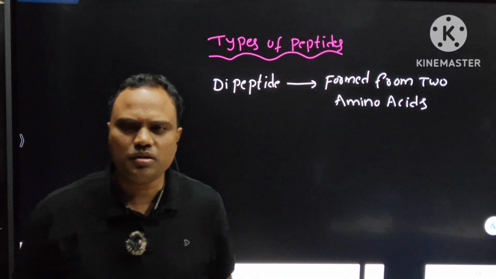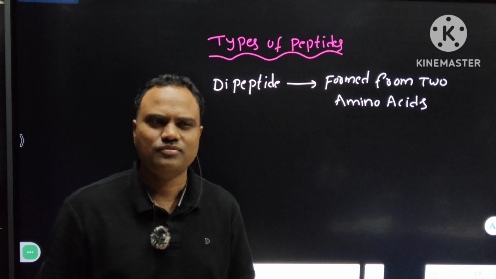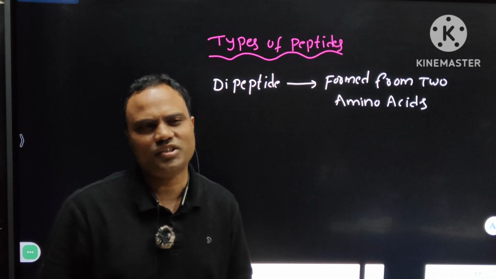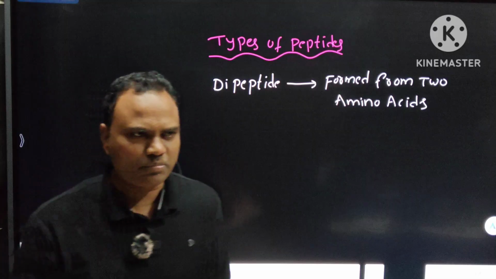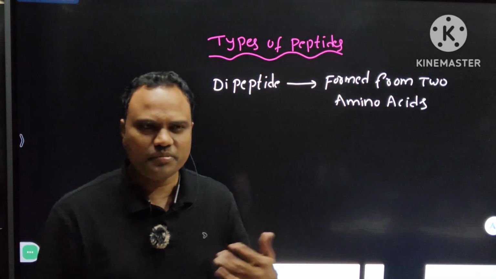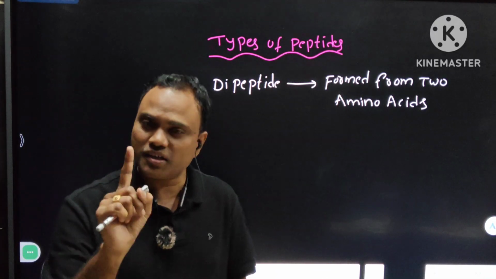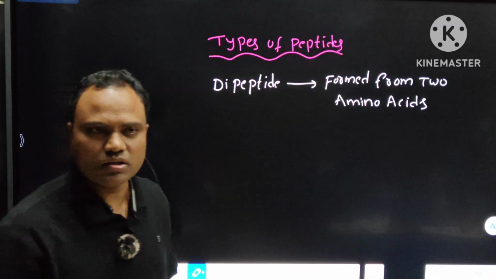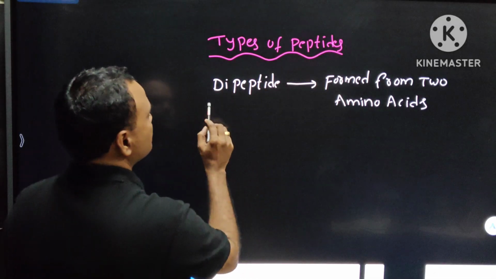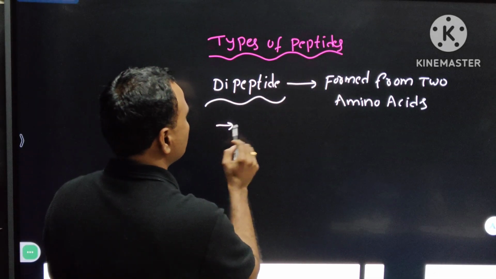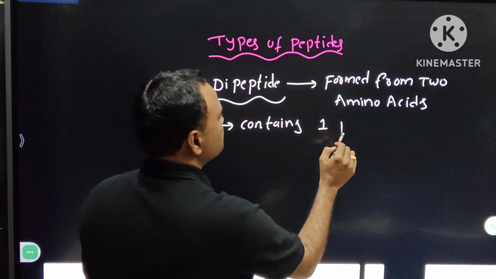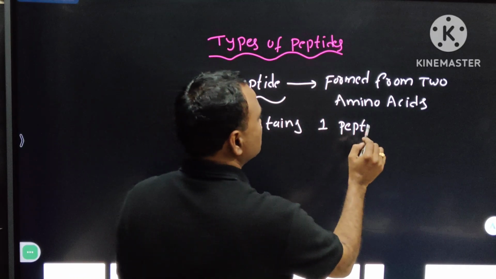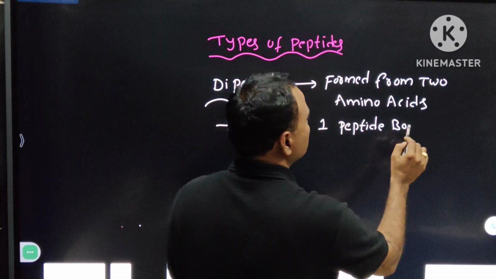Dipeptide contains how many peptide bonds? 2, because di is there? You will think like that only. But one very important thing: di means 2, so we may think like that, but a dipeptide contains only one peptide bond. Very important.